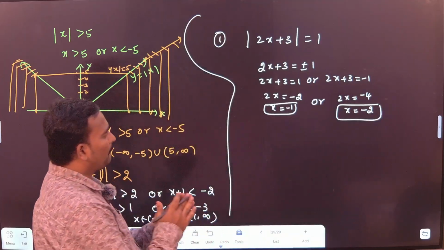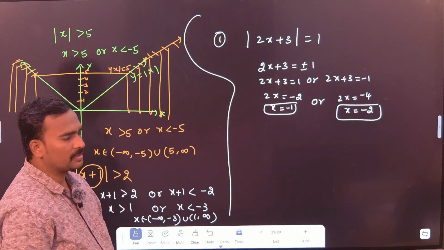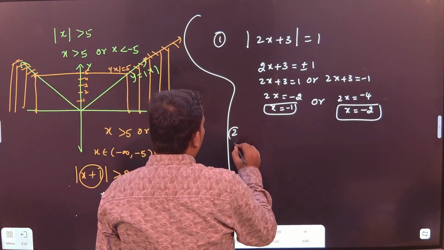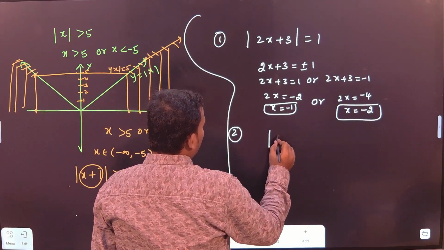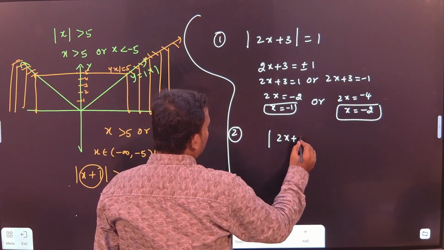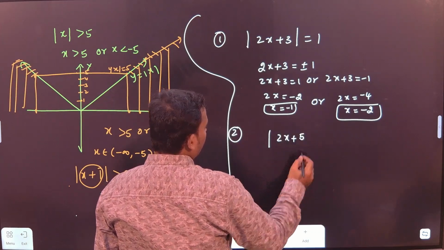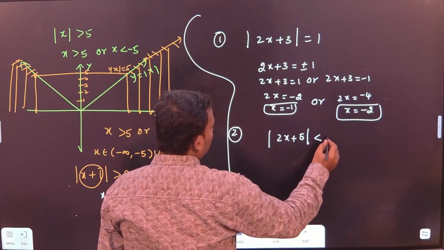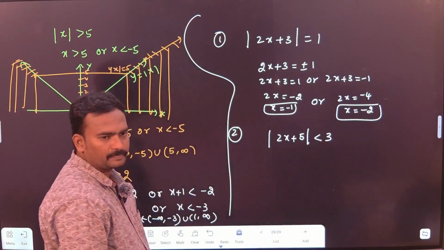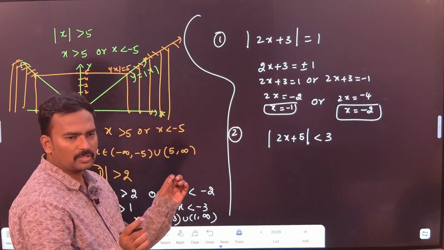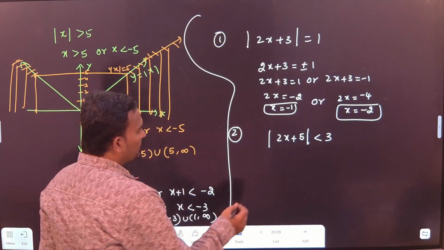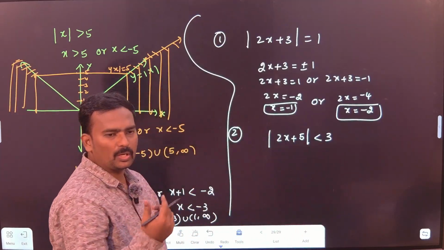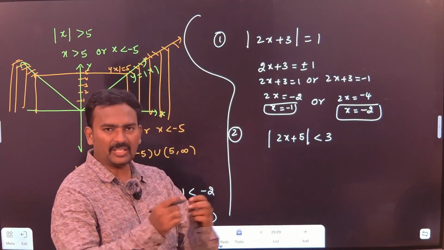So these are the solutions. Let me take another example. Let's take mod of 2x plus 5 is less than 3. So what are the possibilities there? You know that mod x is less than 1 means what? x should be minus 1 to 1, right?